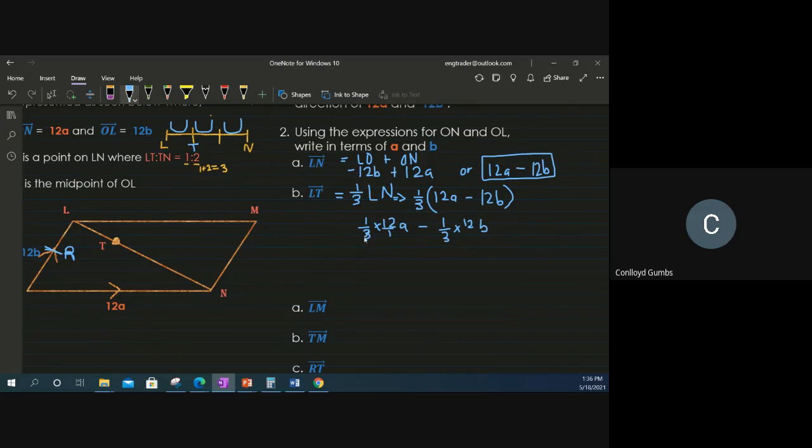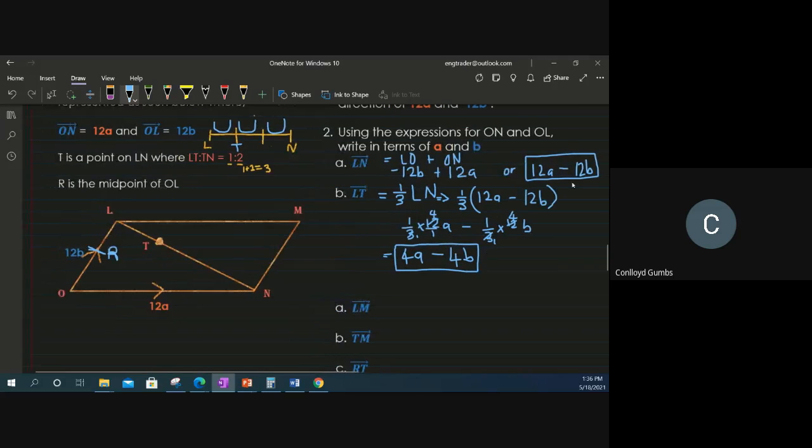So 3 into itself goes once, into 12 goes 4 times. Same thing here. So LT is equal to 4A minus 4B. That's our answer for LT.